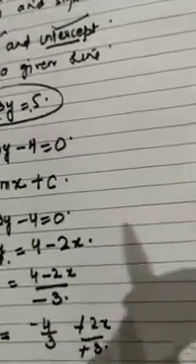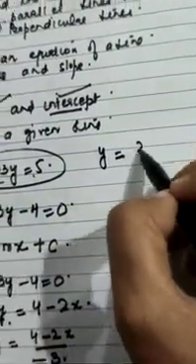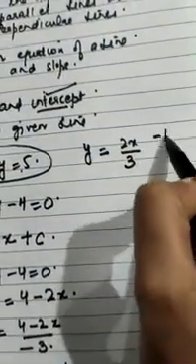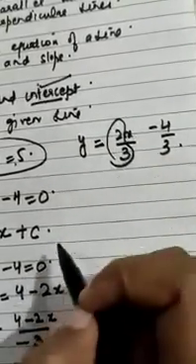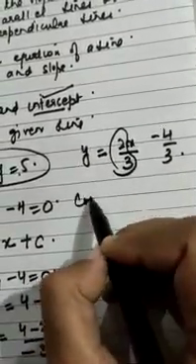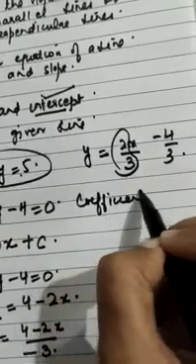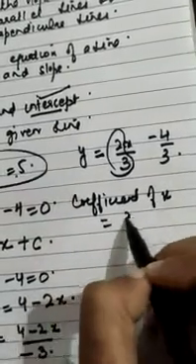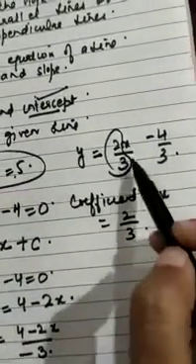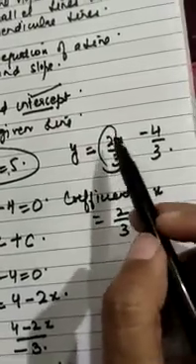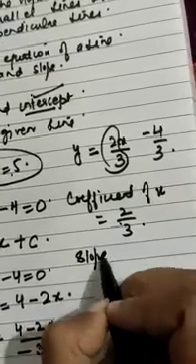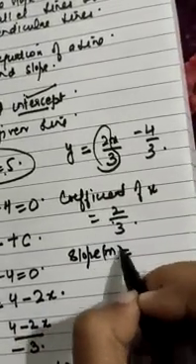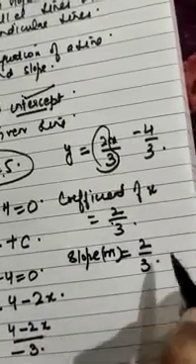So the equation is like this: y is equal to 2x by 3 minus 4 by 3. So the coefficient of x is 2 by 3. The coefficient of x will be considered as the slope, that is 2 by 3.